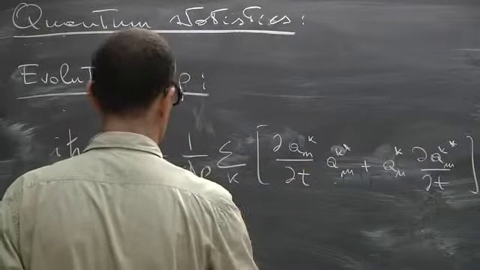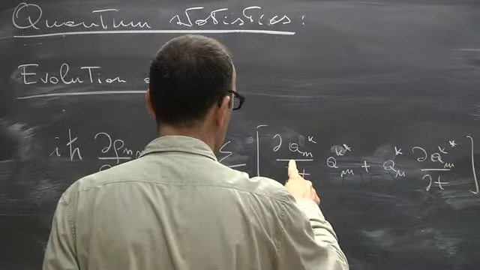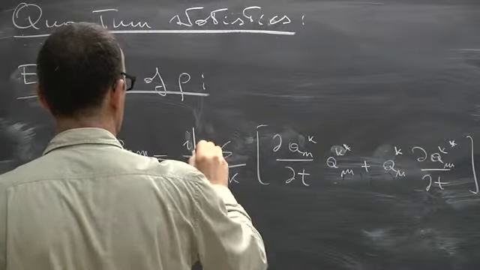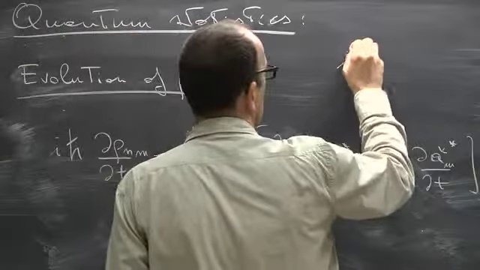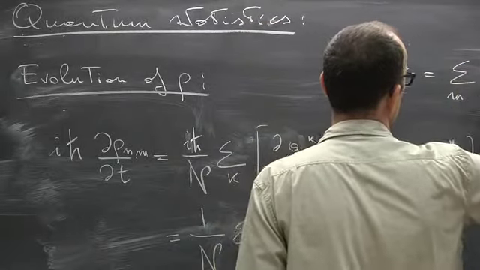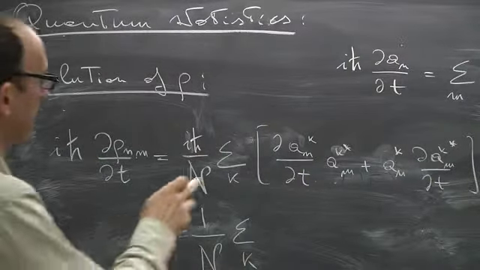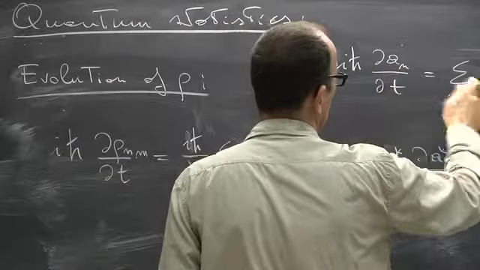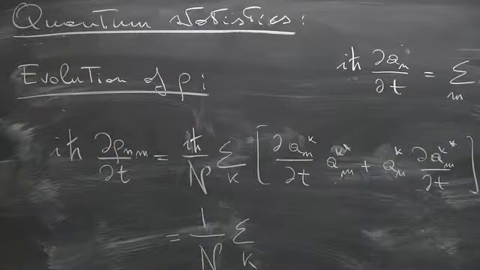So i h bar times d a n dt is, as we said, a sum over m, and for the complex conjugate I will have a minus sign, since i h bar times the complex conjugate gives a minus sign.